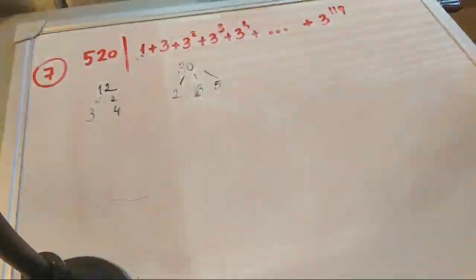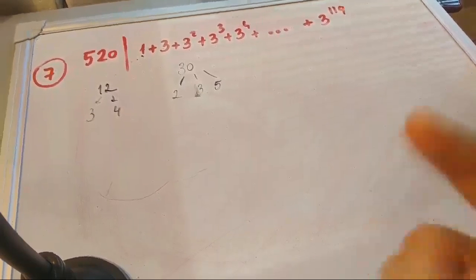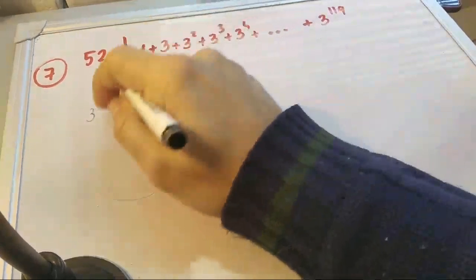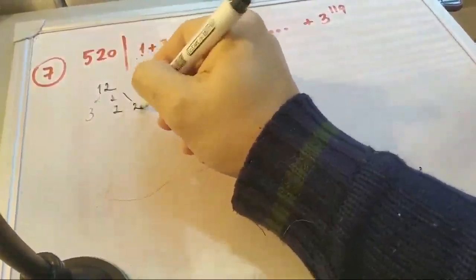Yeah, 4 is not prime. Thank you. Actually, it's 2 squared, but instead of 4, we can write 2 times 2.